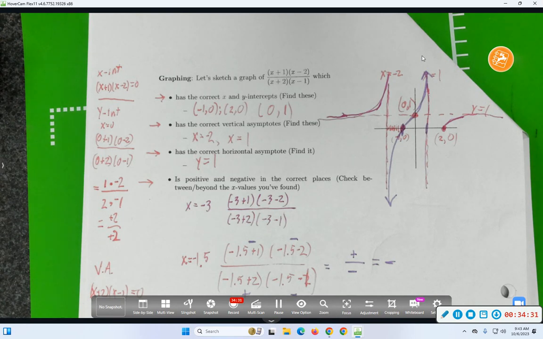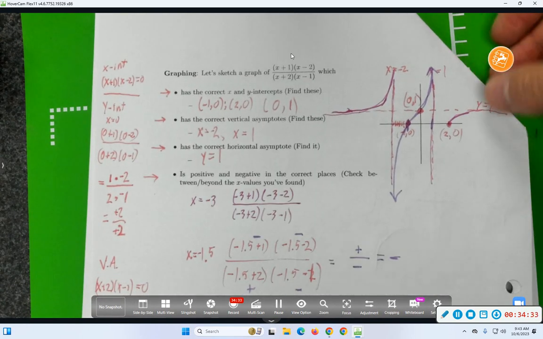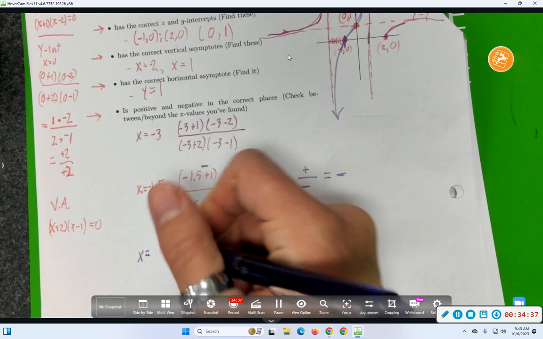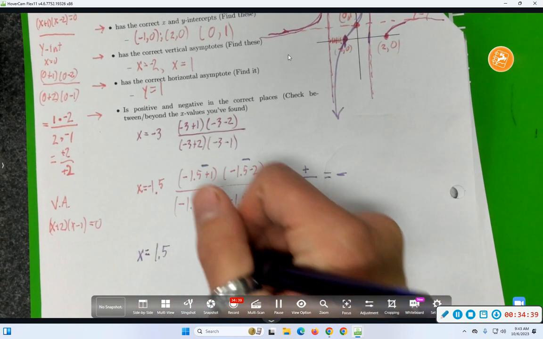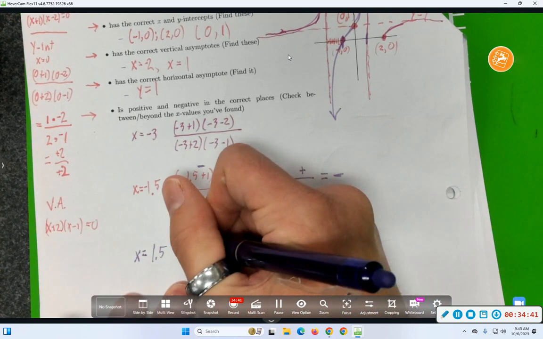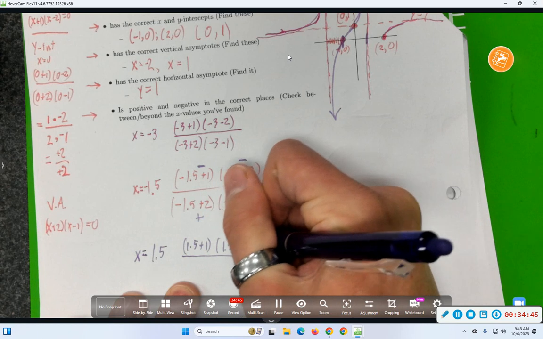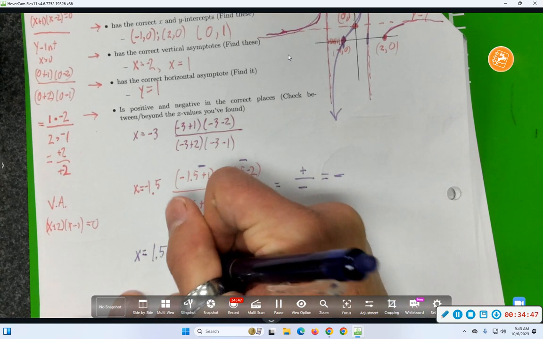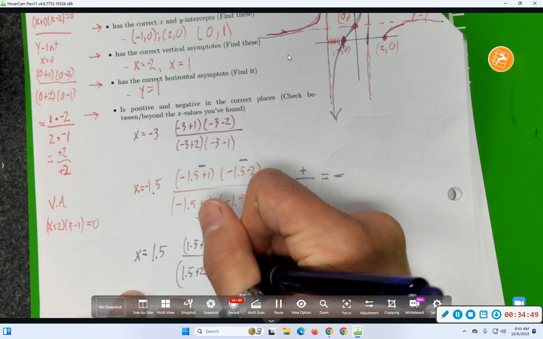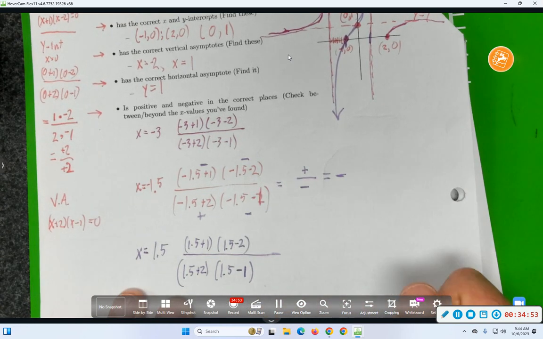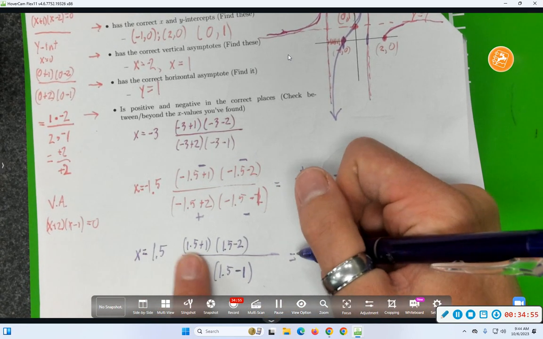Let's do it. What's a sample point between 1 and 2? Excellent. 1.5 plus 1, 1.5 minus 2, 1.5 plus 2, 1.5 minus 1. And let's just check each one. 1.5 plus 1.